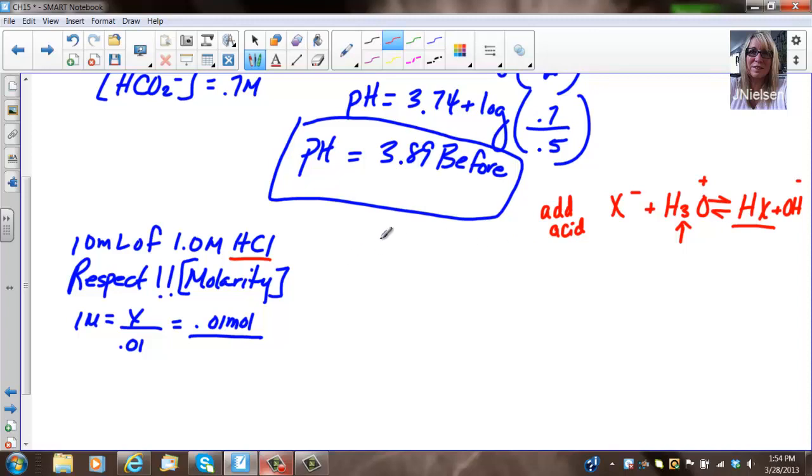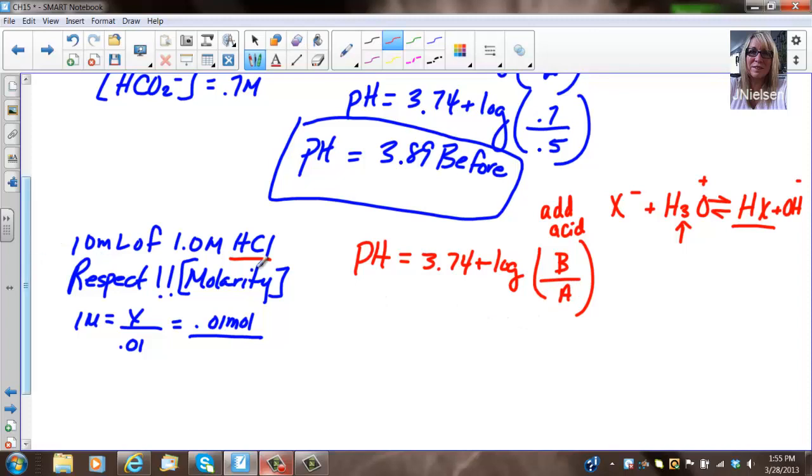So I want you to understand what's going on here. I'm going to use the original equation, pH equals pKa. Well, we actually calculated pKa using our equation that we just used, pH equals 3.74 plus the log of the base over the acid. Now, we have to think about what we're doing. I told you when we add acid, we're actually decreasing the base. So we need concentrations here.